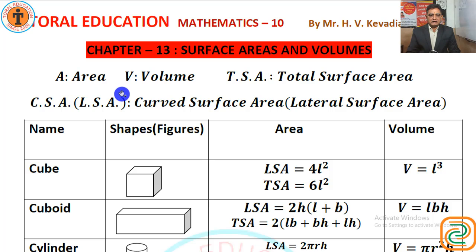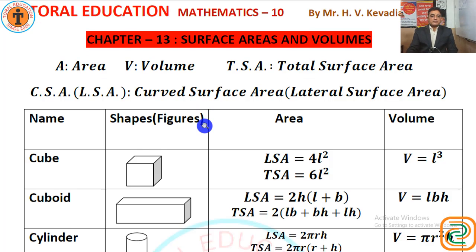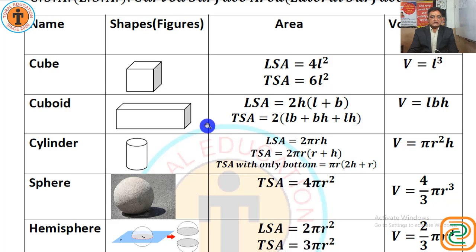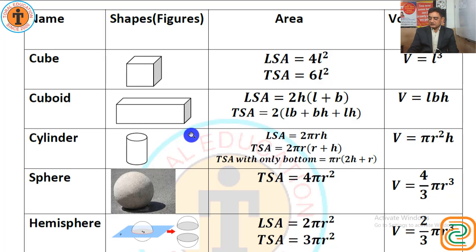A means area, V means volume, TSA means total surface area, CSA and or LSA means curved surface area or lateral surface area. These are some short forms. Here are the shapes and their areas and volumes, the formulas which are required for our sums.